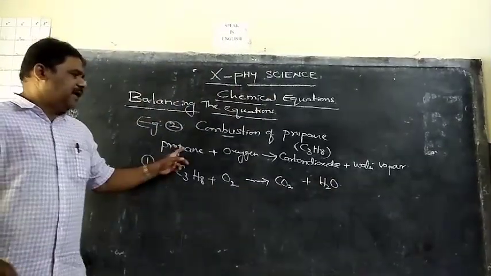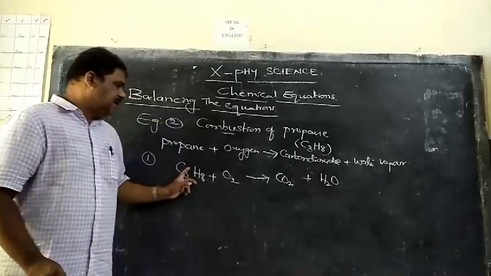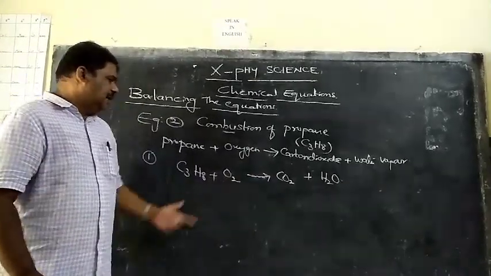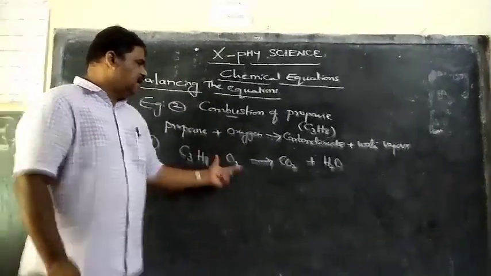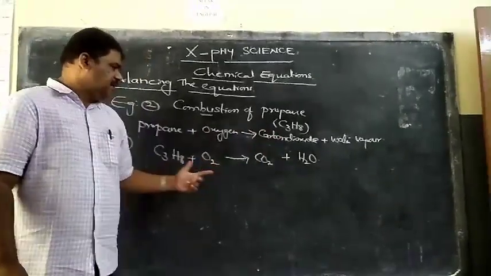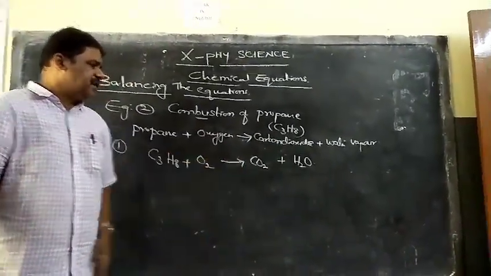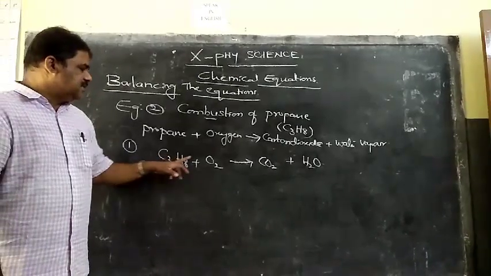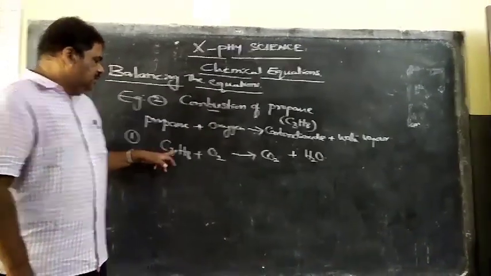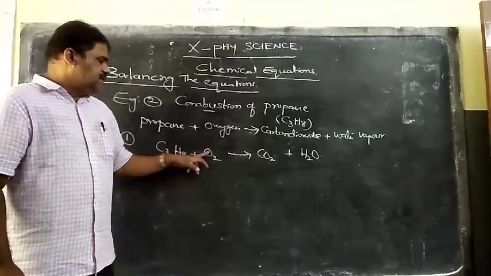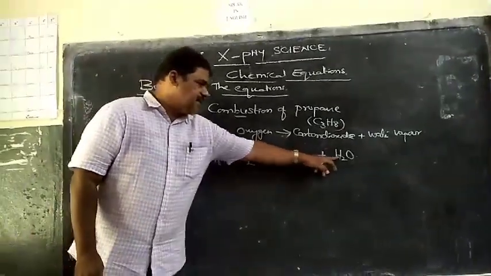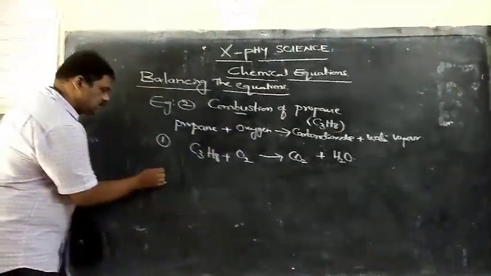If you write like this, this is the shorthand representation of a chemical change. This shorthand representation of chemical change is called chemical equation. Chemical equation contains symbols and formulae. So this is the formula of propane, this is oxygen, this is carbon dioxide, this is water vapor.